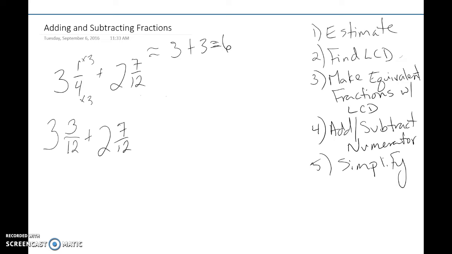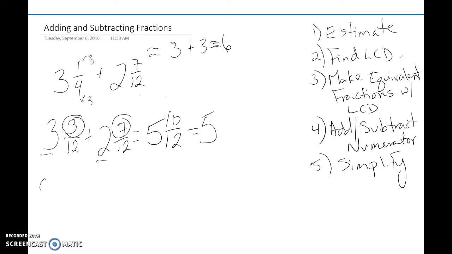Lucky for me, I can just keep this one because it already has 12 as the denominator. So now I'm going to just add my whole numbers, 5. Then I add my numerators, 3 plus 7 is 10 over 12. I have to simplify. 2 goes into 10.